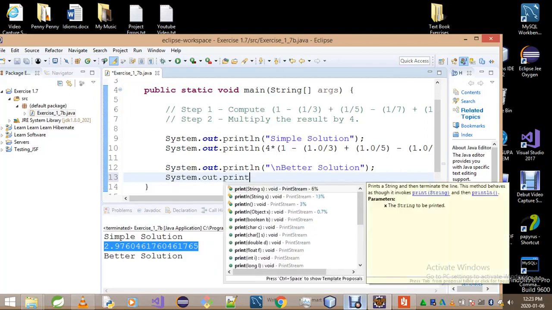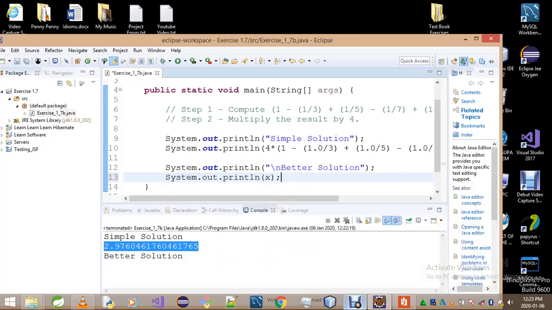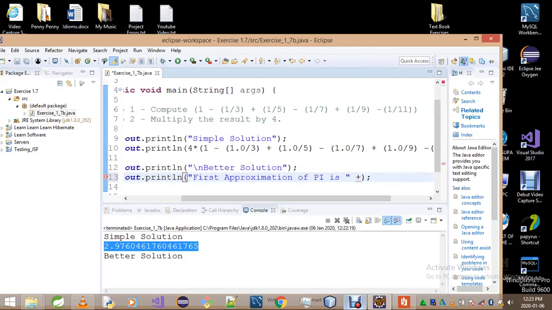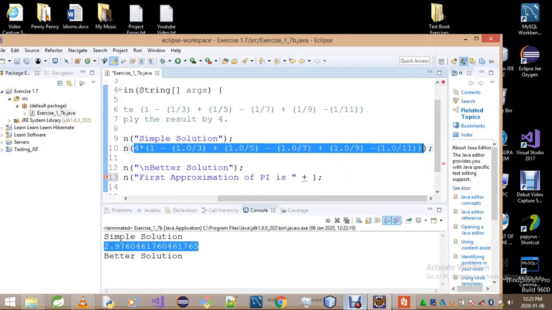System.out.println. Let's just go: first approximation of pi is. Can copy and paste this.